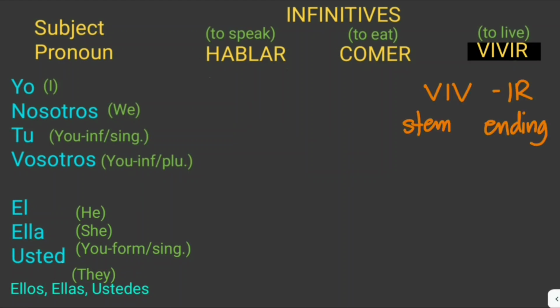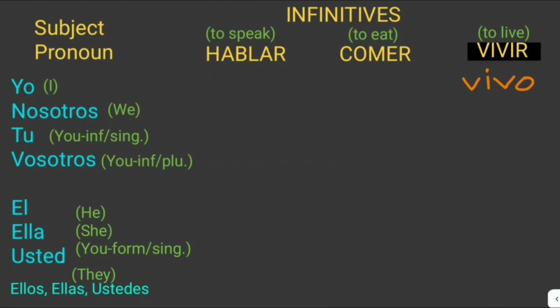So we have viv and ir. And we just have to change the ending here, the same as with hablar and comer. When we say I live, you will say in Spanish, yo vivo. So vivir would become vivo. We just change the ending ir to o.